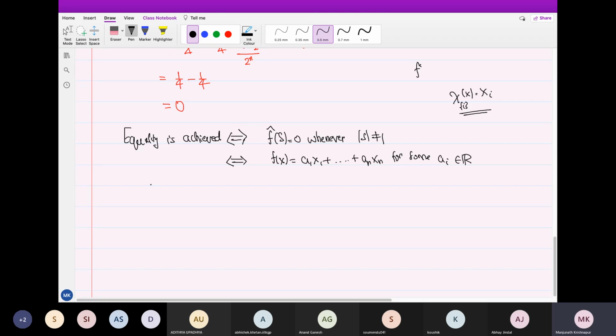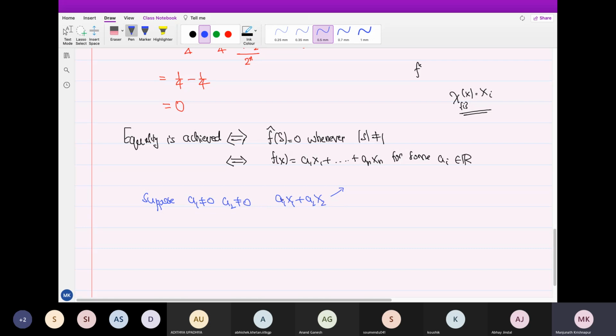So we claim that if even two coefficients are non-zero, suppose two coefficients are non-zero. Okay, so then a1 x1 plus a2 x2. Let's write the possible values.